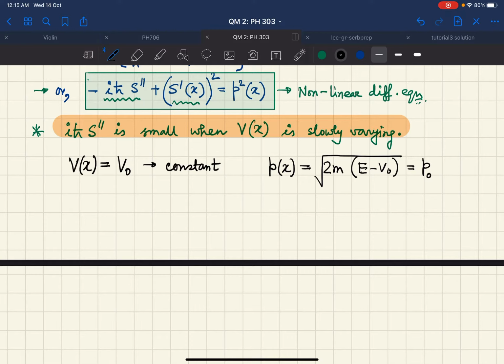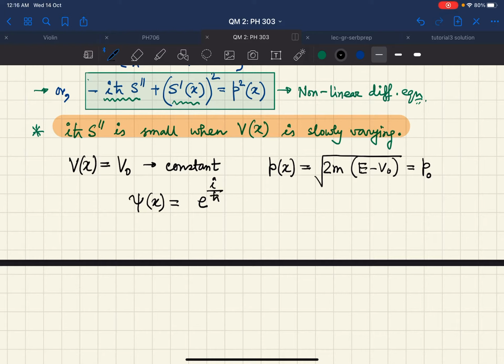Now what do we have in this scenario? V of x is a constant denoted by V0, so we basically have a free particle. The solution of the Schrodinger equation that we know in general for a free particle, the free particle wave function, is nothing but e to the power i by h bar p naught times x, apart from the factors in front.